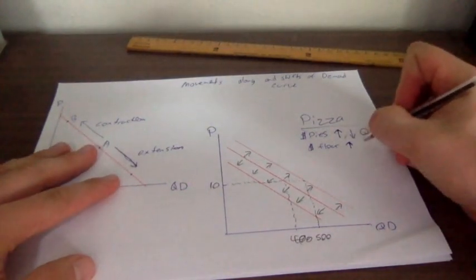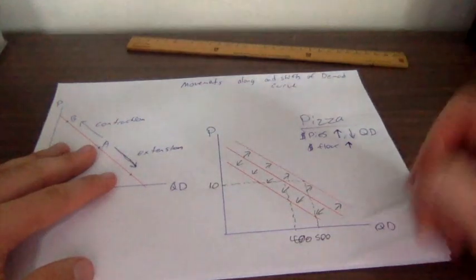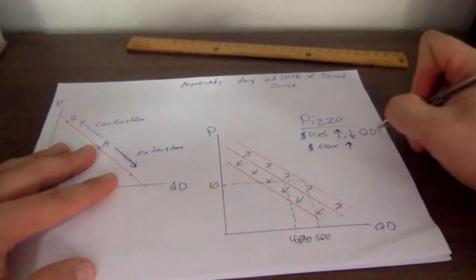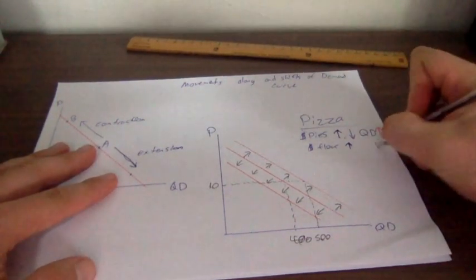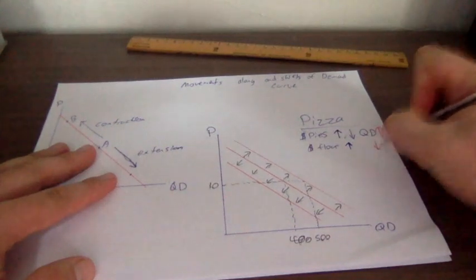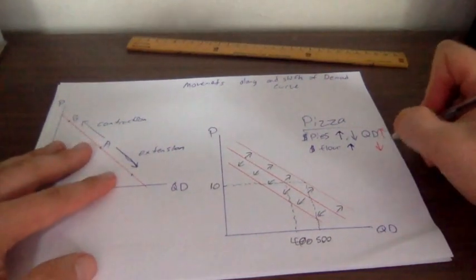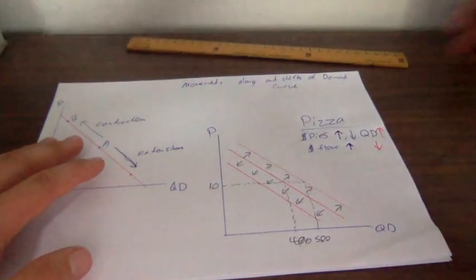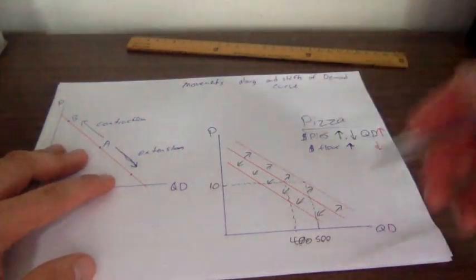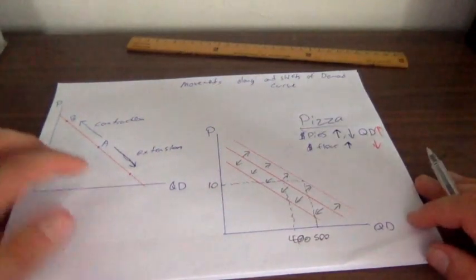So for us, there's now a decrease in the quantity demanded. Okay, so yep, that shows the shift.